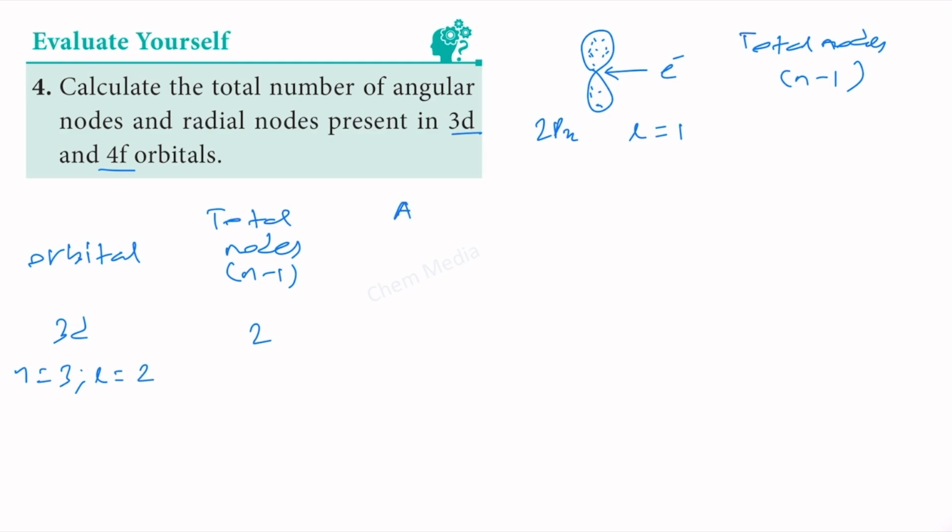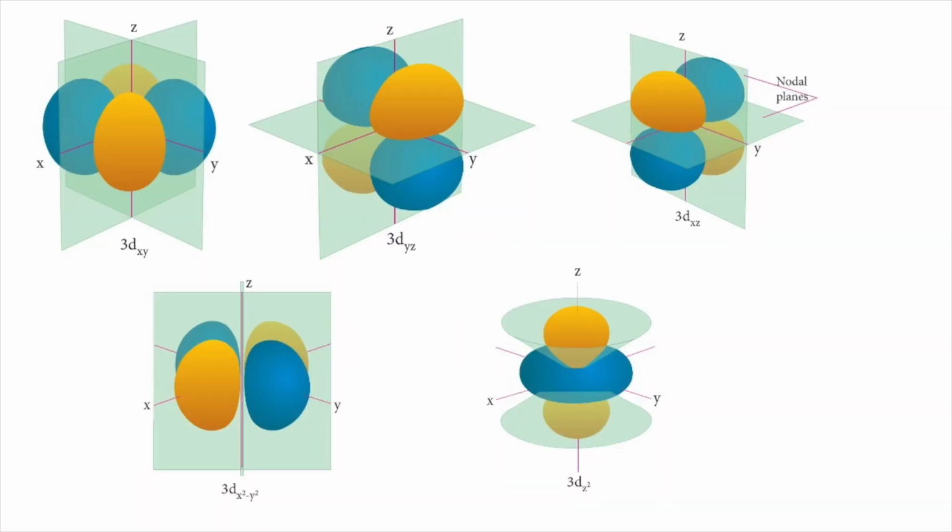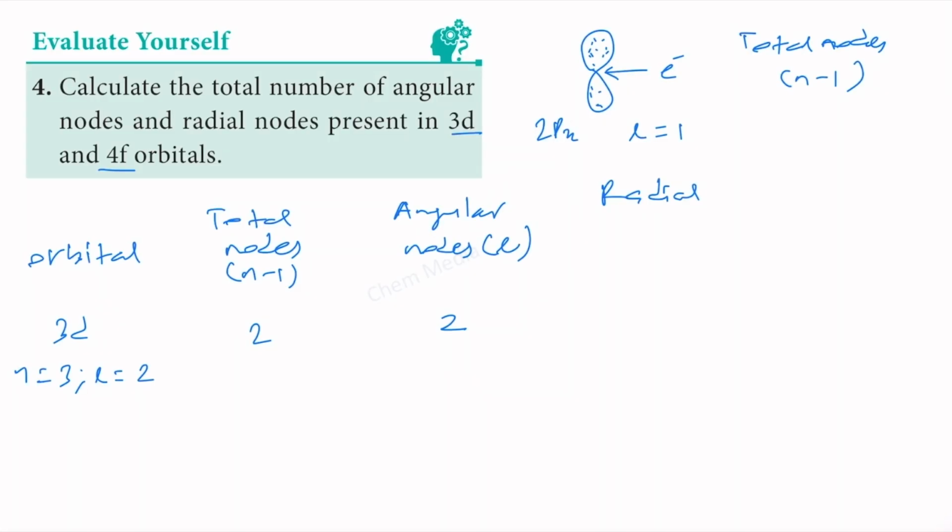The total number of angular nodes is simply equal to the value of azimuthal quantum number, and therefore the number of angular nodes for 3d is equal to 2. How about radial nodes? Radial nodes in this case is equal to 0, because we already got the total value here. The number of radial nodes is always equal to n minus L minus 1. Therefore in this case 3 minus 2 minus 1, and that's how we got 0 here.